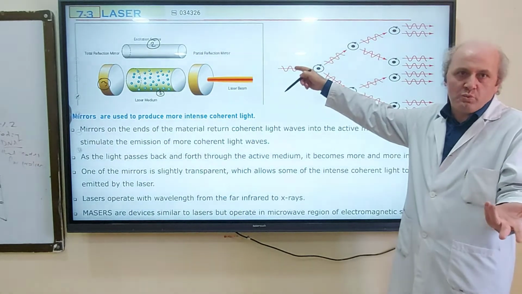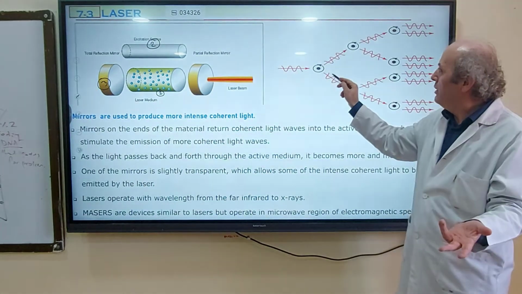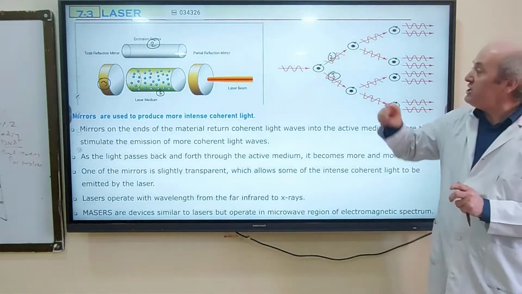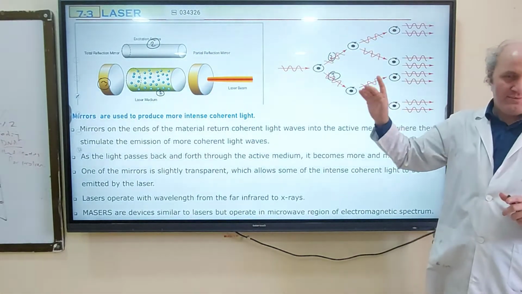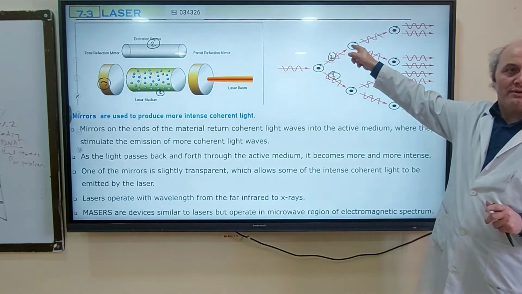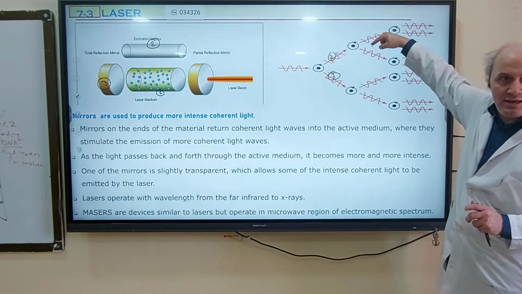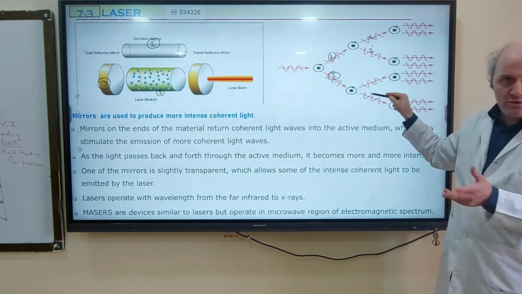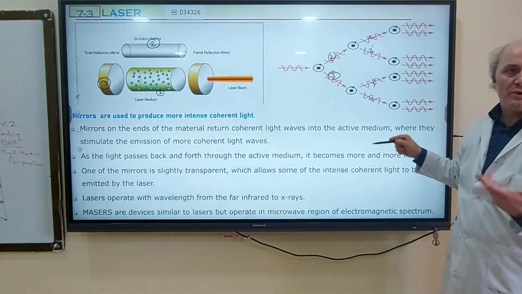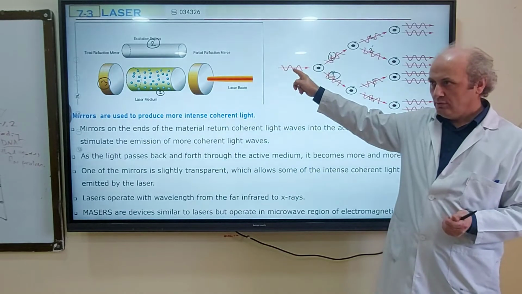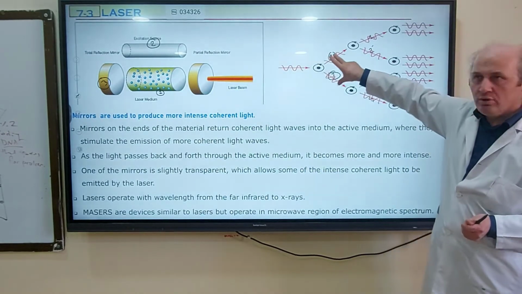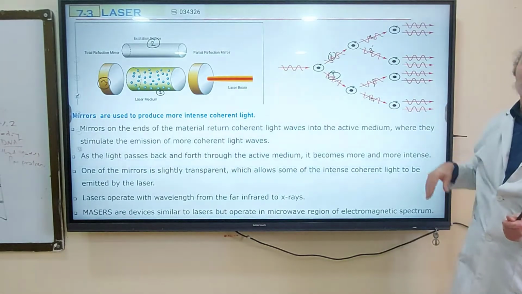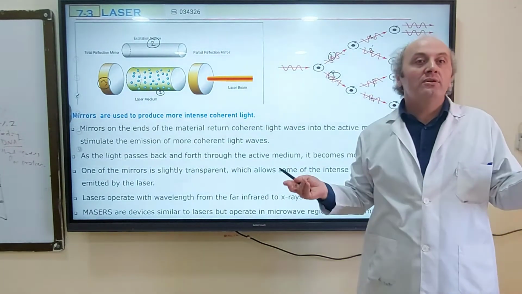Initially we were just one, now we have two photons. But each photon now goes to another atom. The second one goes to another atom and stimulates it, and then the number of photons increases, 1, 2. Also this one goes to another atom, 3, 4. What happened? 1 photon changed to 2, 2 changes to 4, changes to 8, to 16, to 32.